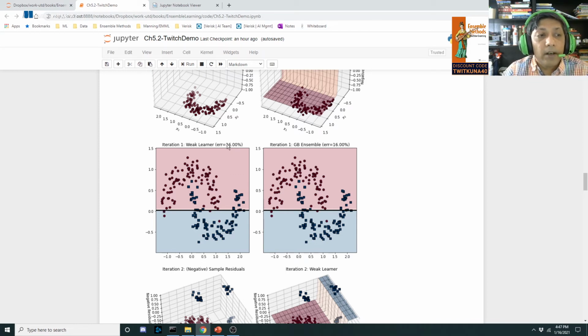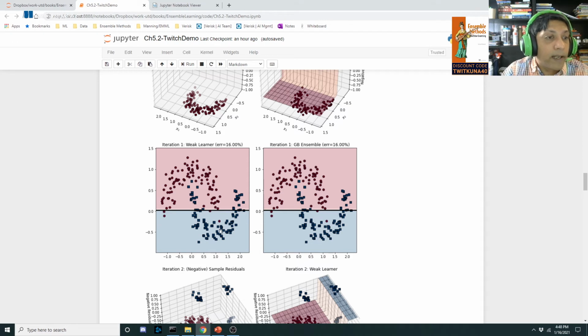That's not bad at all. So what it's doing is it's predicting this big clump of circle data points correctly. It's predicting this clump of square data points correctly, but there are a significant number of mistakes still. 16% of the data, which our data set, remember, is 200 data points. So that's quite a few.